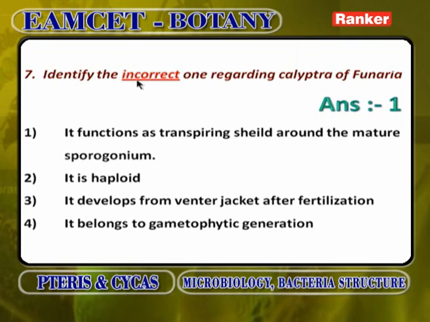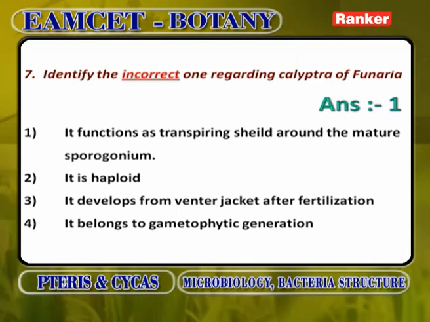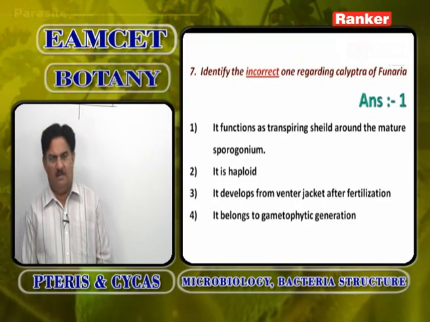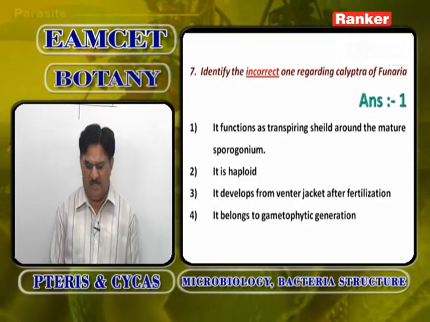Identify the incorrect one regarding the calyptra of Funaria. It is haploid, correct. It develops from the venter jacket after fertilization, correct. It belongs to the gametophytic generation, correct. Calyptra is always haploid because it develops from the venter jacket after fertilization, and because it is haploid, it belongs to the gametophytic generation.